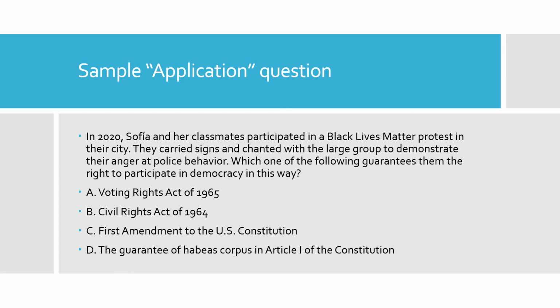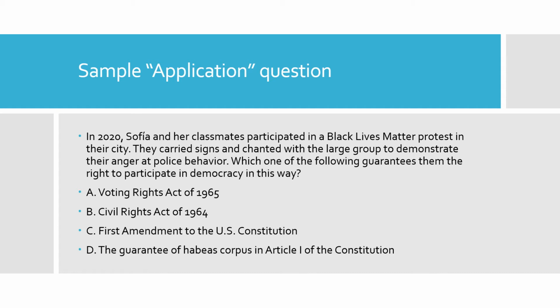Many of the questions on the exam ask you to apply the concepts you've learned rather than just to recognize the correct definition. Here's an example of an application type of question. In 2020, Sophia and her classmates participated in a Black Lives Matter protest in their city. They carried signs and chanted with the large group to demonstrate their anger at police behavior.